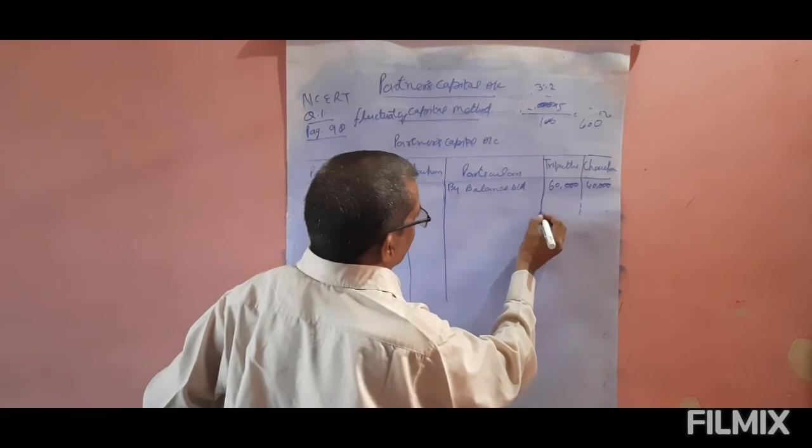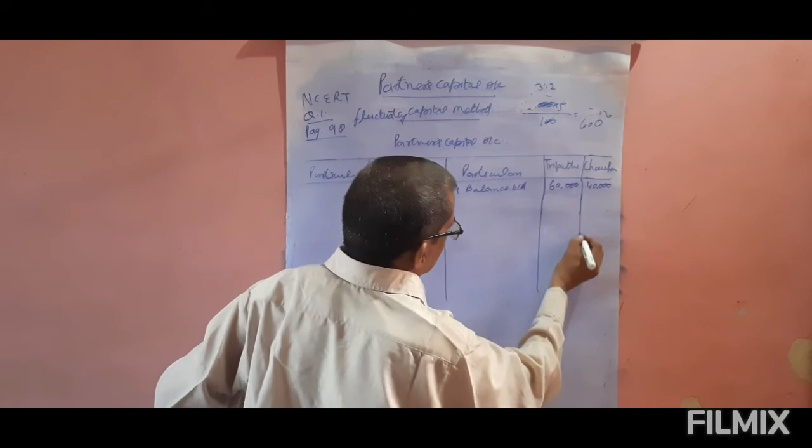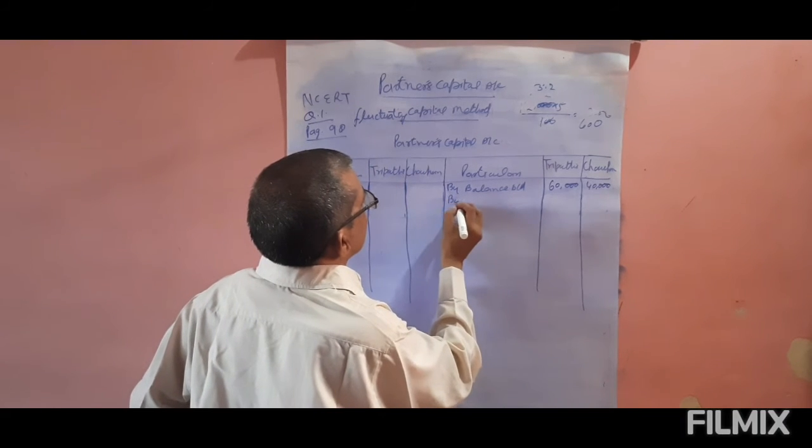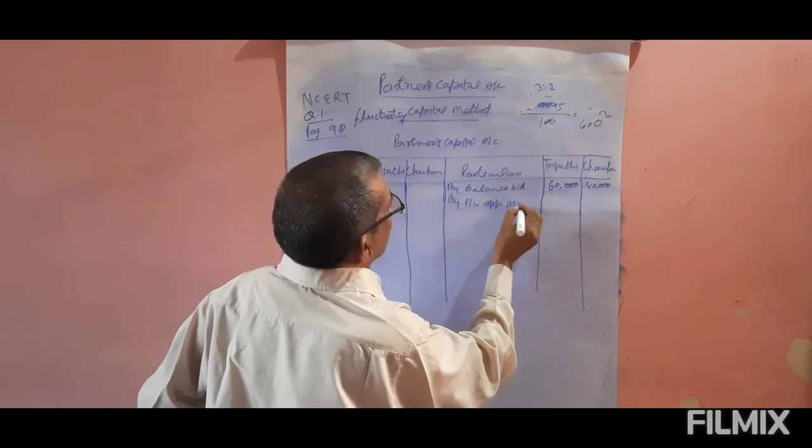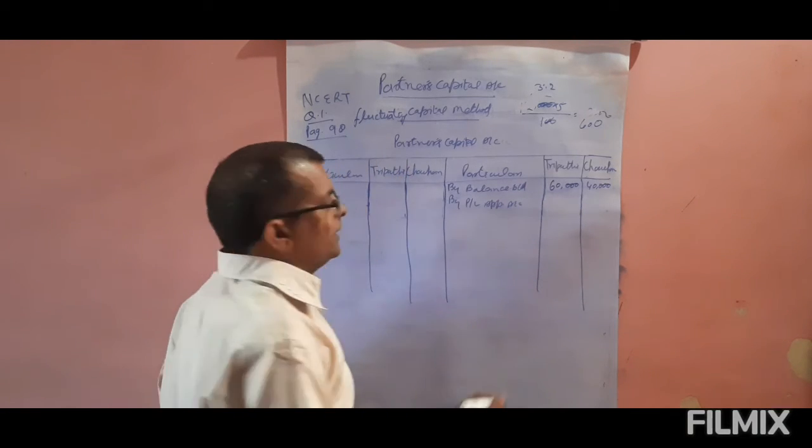We have the balance 60,000, and then by P&L appropriation account, profit was 18,000 and 12,000.